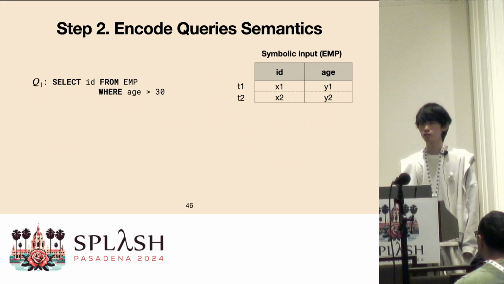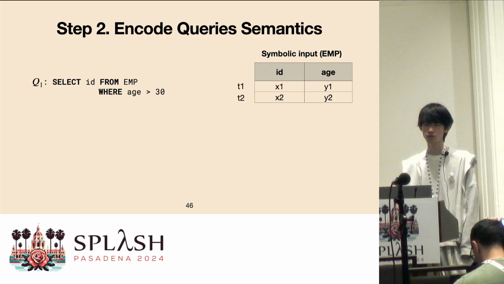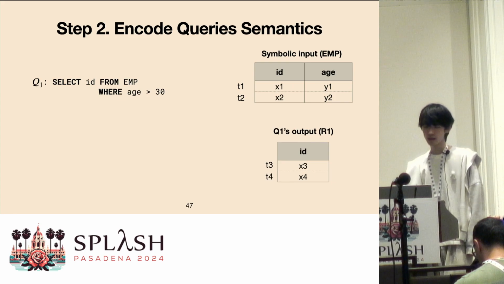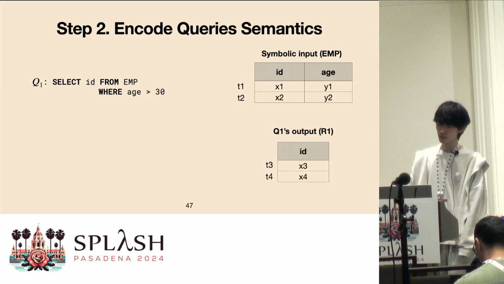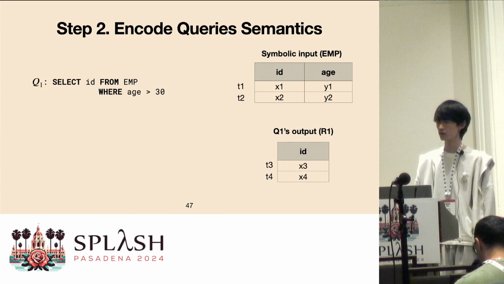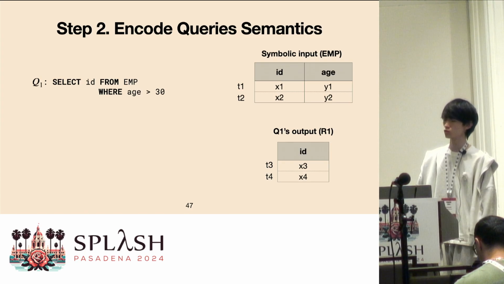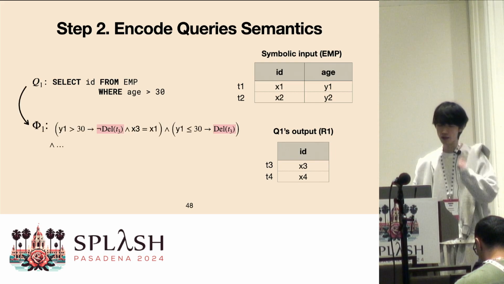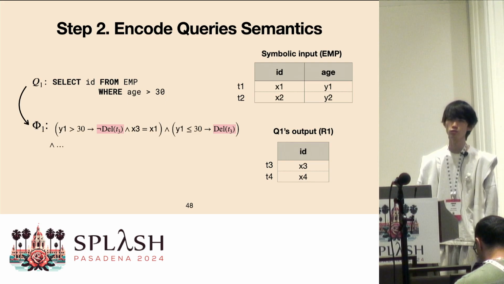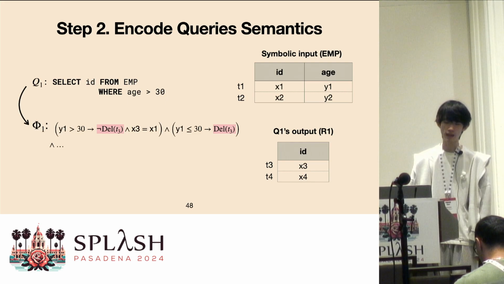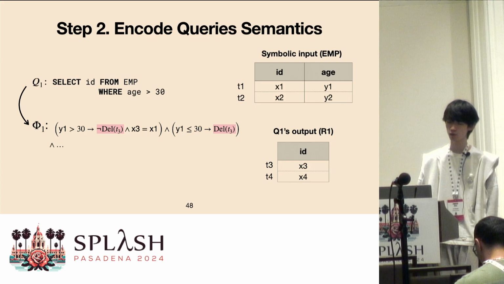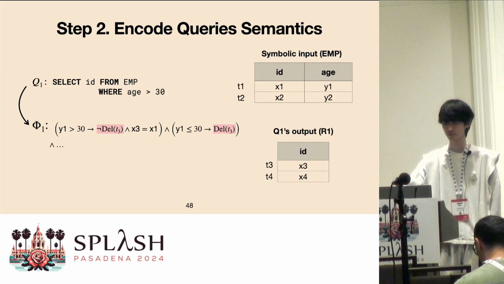And then VeriEQL will encode two queries executing on the symbolic database. And we'll first create a symbolic table R1 to represent the output of query Q1 with two fresh symbolic tuples. And then we'll create a formula phi1 to encode the query Q1. And our idea is to use an uninterpreted function called deleted to denote whether a symbolic tuple exists or not in the table.